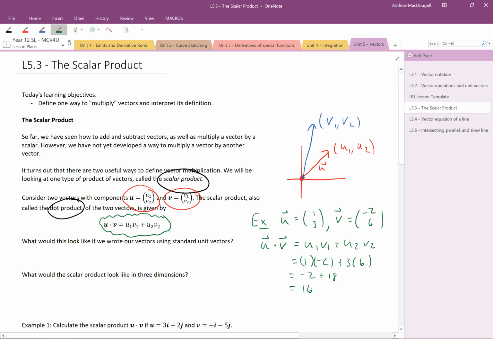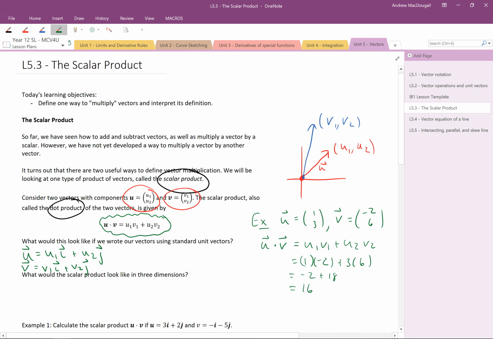We can also ask the question, what would this look like if we wrote our vectors using standard unit vectors? Remember, standard unit vectors would be like this: u would be u1 i plus u2 j, and v would be v1 i plus v2 j.